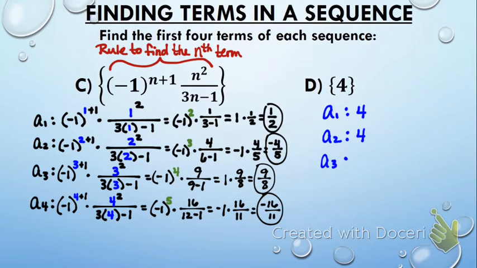Third term, 4. Fourth term, every term in the sequence is 4. My curly bracket got away from me.